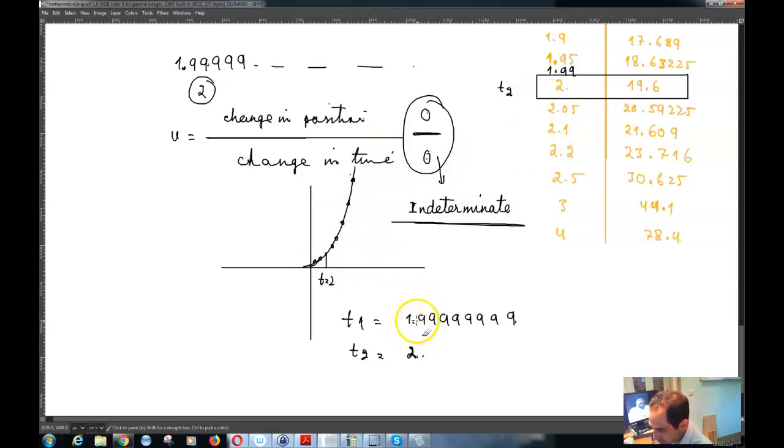And so then I could say that the average velocity between t1 and t2, I could take as the instantaneous velocity at t2.